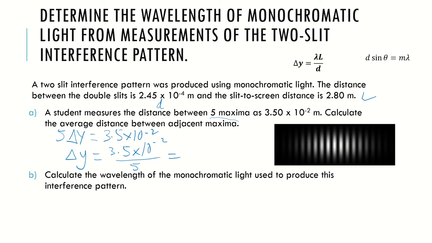Let me get my calculator out. 3.5 divided by 5 is 0.7. So it'll be 7 times 10 to the minus 1.